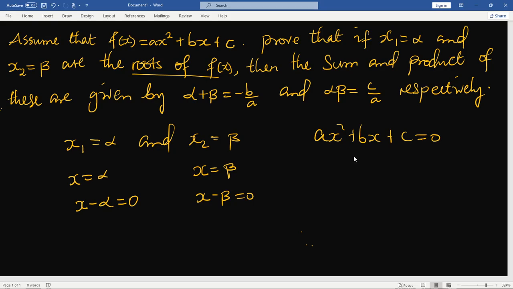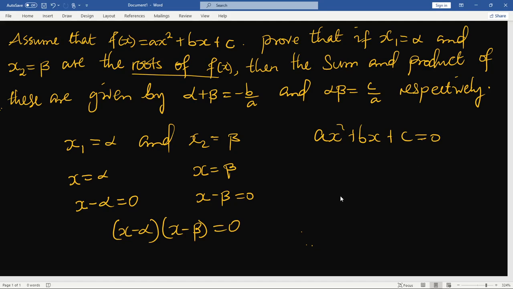These being the roots of this expression, in factored form we're going to have (x - α)(x - β) = 0. So when these are the roots of this expression, of course they are going to give us a 0.